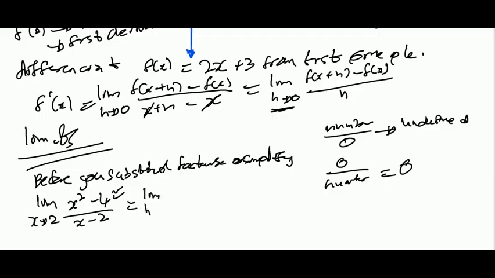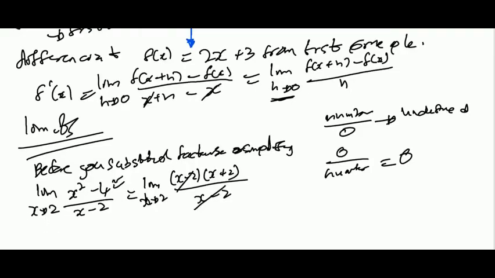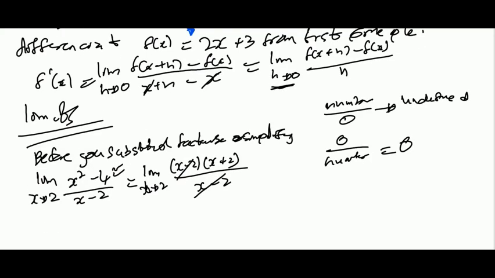So it's the limit as x approaches 2 of, factorized, x minus 2 times x plus 2, all over x minus 2. So this cancels this. And remember, we are not done. We are still writing the limit as x approaches 2. What is left? X plus 2.